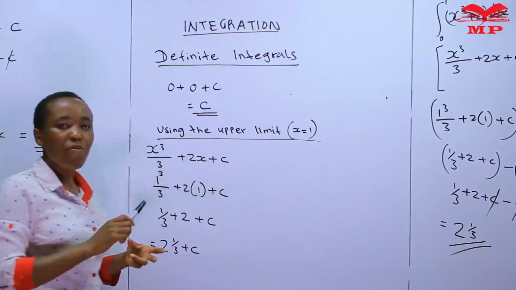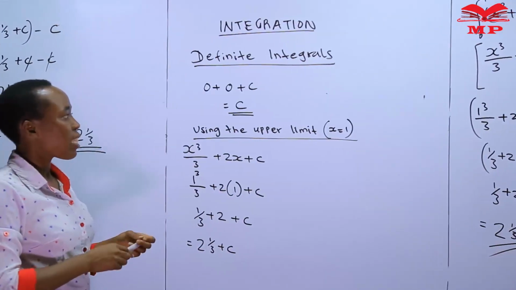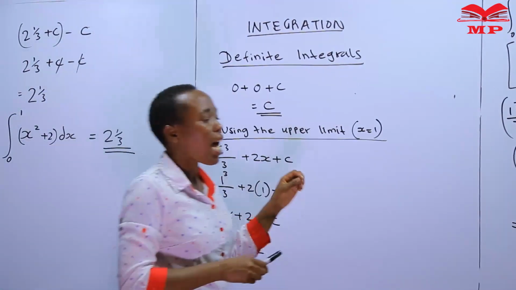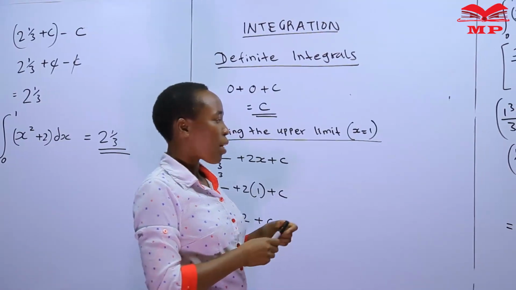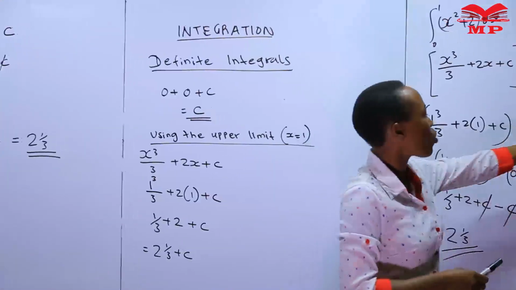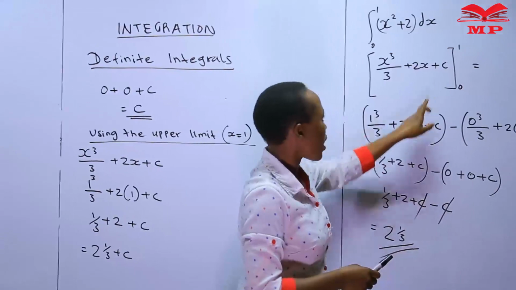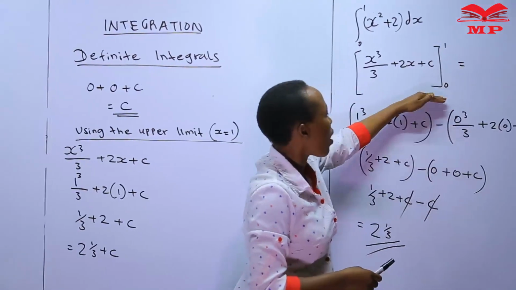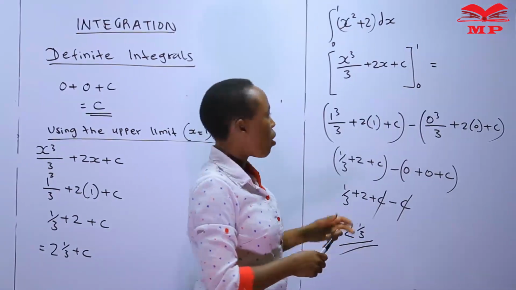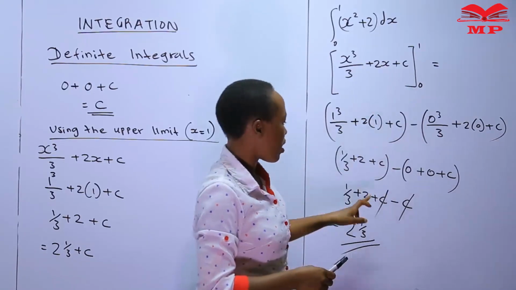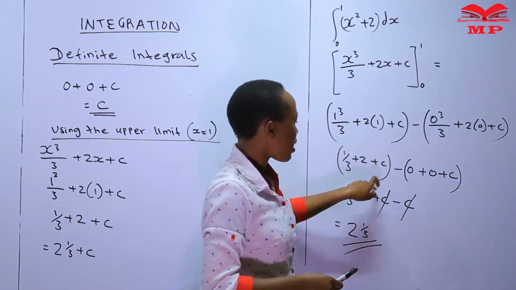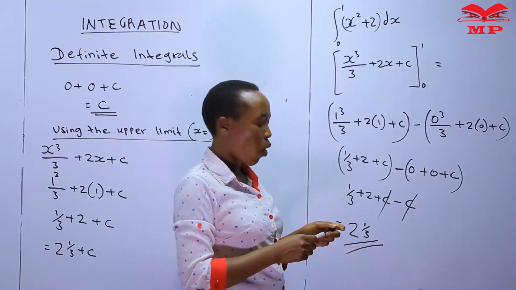But for an indefinite integral, you can see that we were getting the answer with a constant. But for this, the constant will cancel out, as you can see, because we are subtracting when the limit is 0. And that is the lower limit, 0. When we subtract, you can see that c and c will cancel. That is the constant.